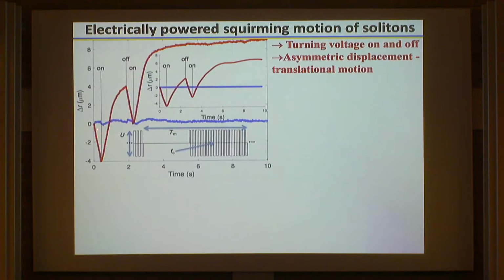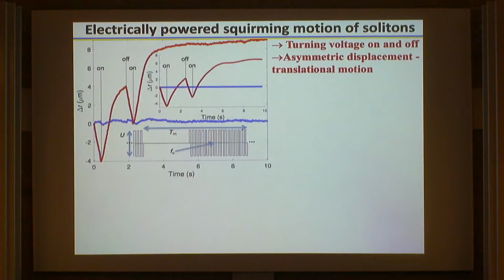And so what we see in experiments is that as we turn the voltage on and off, the Skyrmion shifts in two opposite directions as we turn it on and off. But this shifting is asymmetric, and so when we turn it on and off many times, the Skyrmion simply walks in a certain direction. And the same can be seen also in computer simulation.